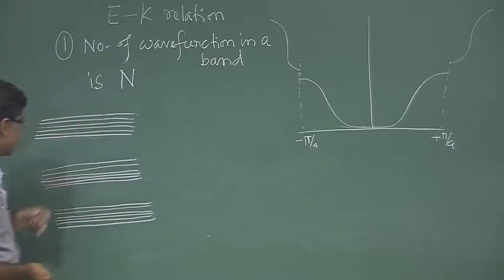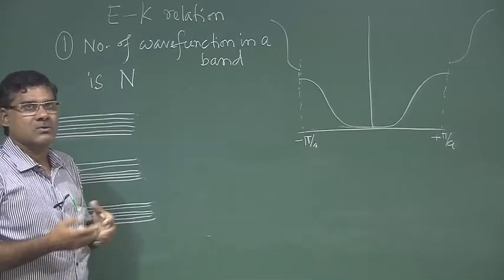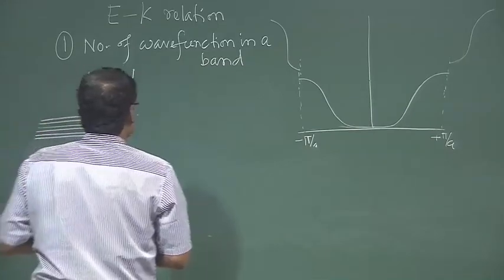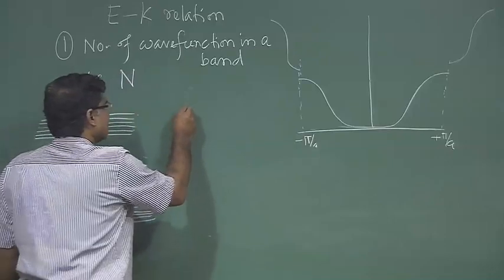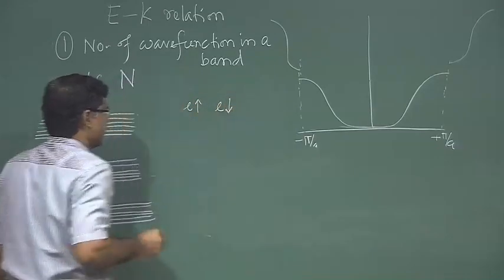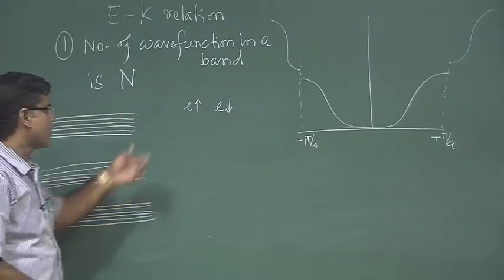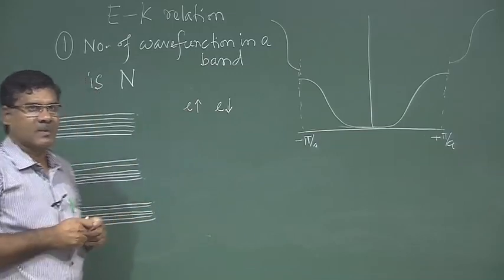Okay. So, how many electrons can one put in each band? Electron spin up and spin down. Okay. So, in each energy level, in each orbital, 2 electrons can be put. Okay.